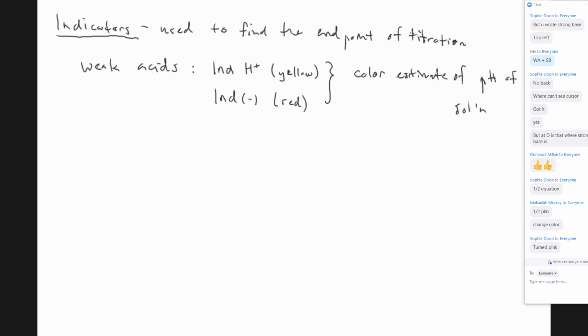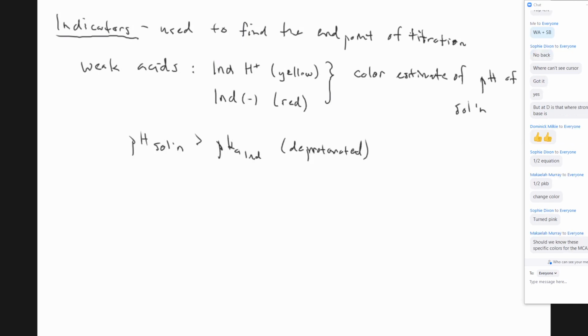Realize that, look, for your indicator, if the pH of the solution is greater than the pKa of your indicator, then the indicator is going to be deprotonated. They'll tell you the color schemes that they have for your MCAT. They usually give it in a chart.